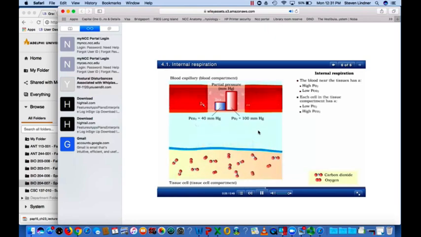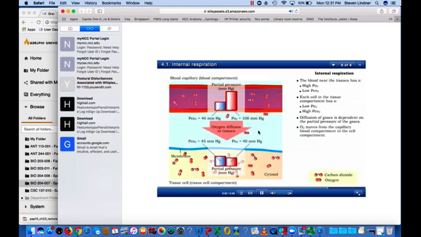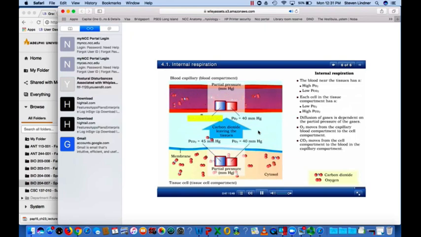Compared to the blood entering the tissues, partial pressure of oxygen is low and carbon dioxide is high in the tissue compartment. Diffusion of gases is dependent on the partial pressure of the gases. Oxygen moves out of the blood and into the cells. Carbon dioxide moves out of the tissue compartment into the blood and is carried away.